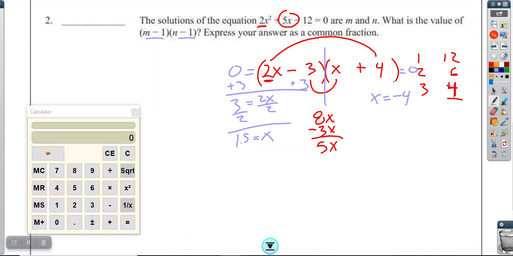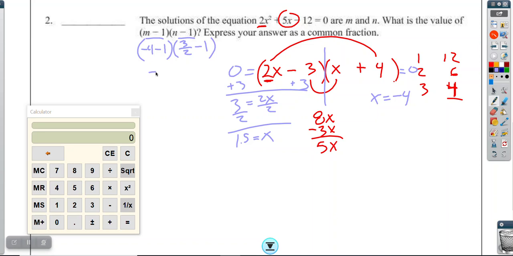So here we go. We have negative 4 minus 1 times 1.5. Oh, you know what? It says express as a common fraction, so I'm going to keep this as 3 over 2. So that's 3 over 2 minus 1.